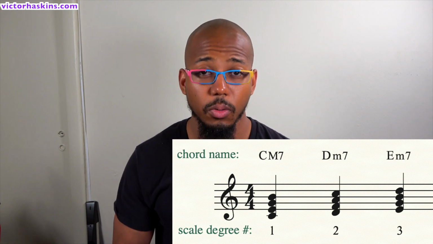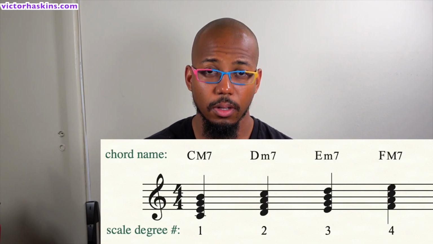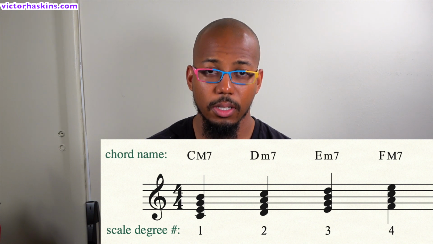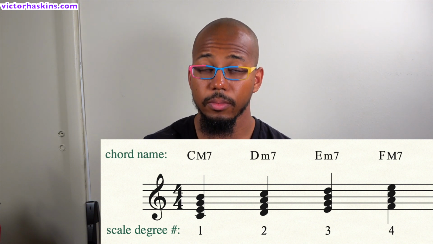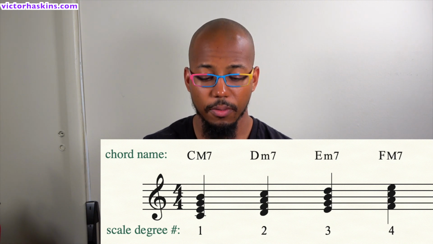Based off of the fourth scale degree is F major 7: an F major triad, F A C, with E on top.